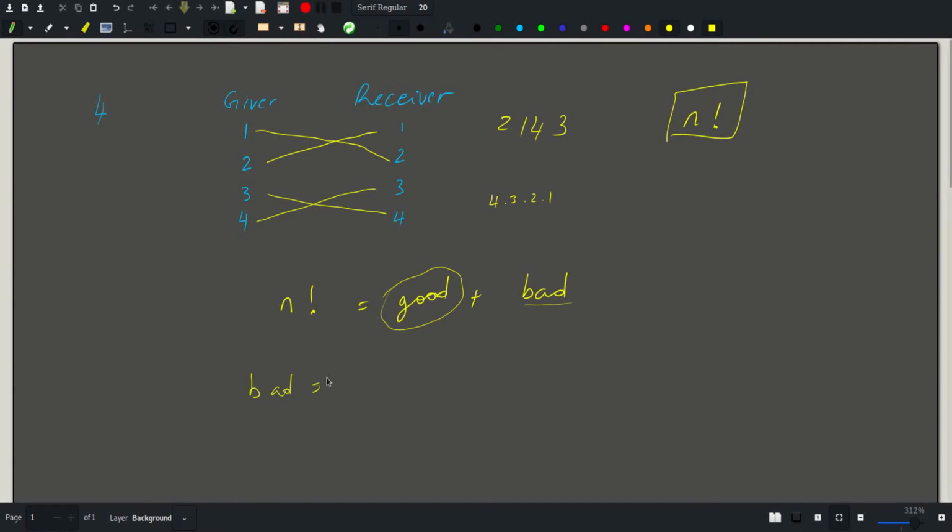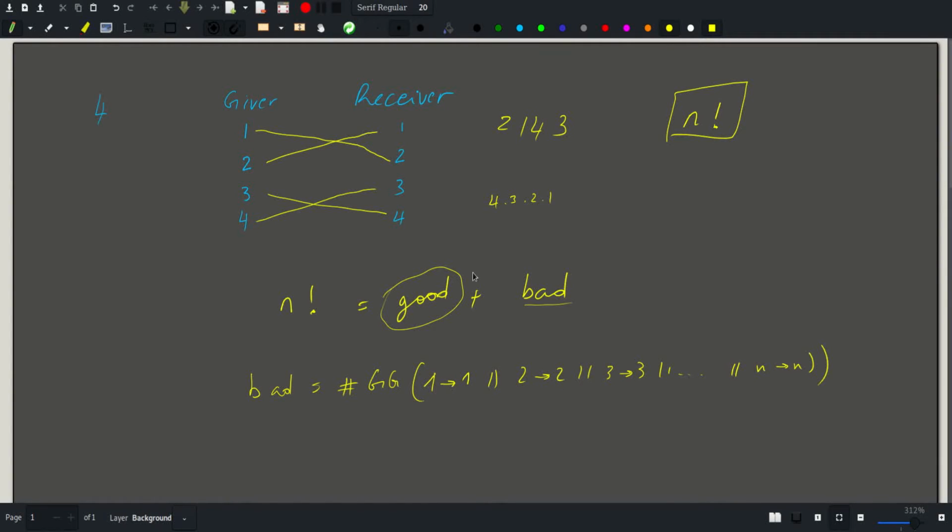Bad is just a gift giving such that 1 is mapped to themselves, or 2 is mapped to themselves, or 3 is mapped to themselves, and so on. So it is the number of gift givings such that 1 is mapped to 1, or 2 is mapped to 2, or 3 is mapped to 3, and so on up to or n is mapped to n.